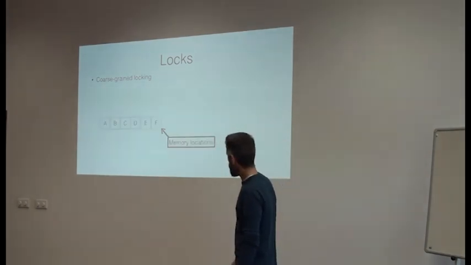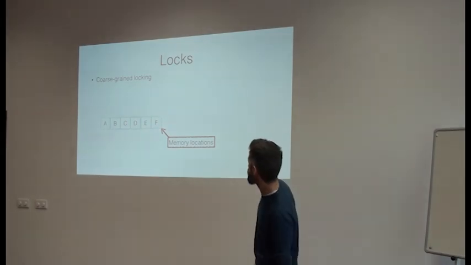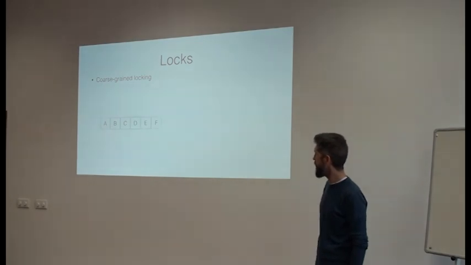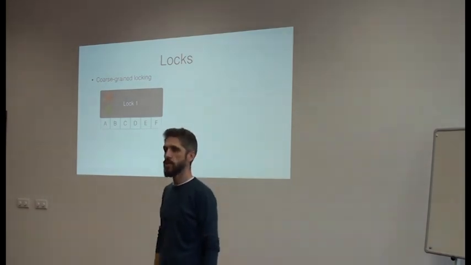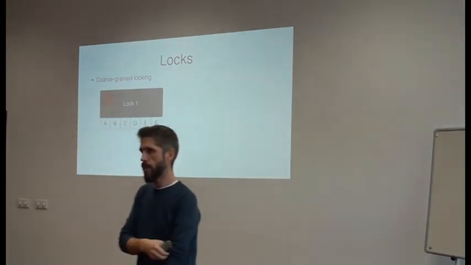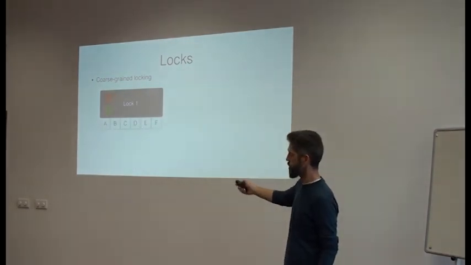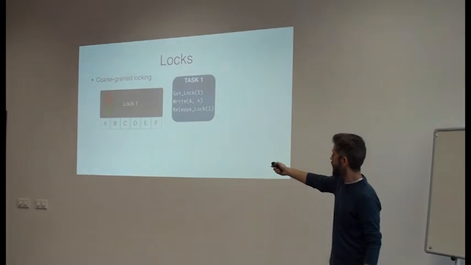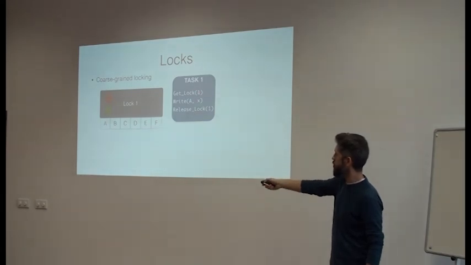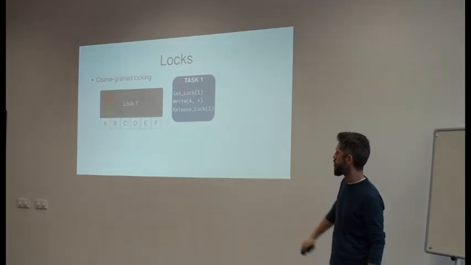Coarse-grained locking. In coarse-grained locking, you have, for instance, these memory locations. I believe there are 6. Yes, there are 6. And you have one single lock managing the access to several of these memory locations. If you have, for instance, task 1 that requires to write in position A, it must acquire lock 1 before doing the write operation and then release lock 1.